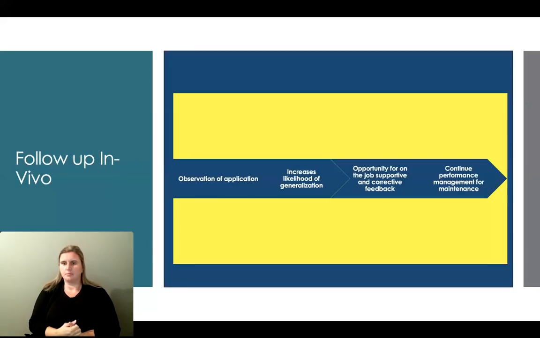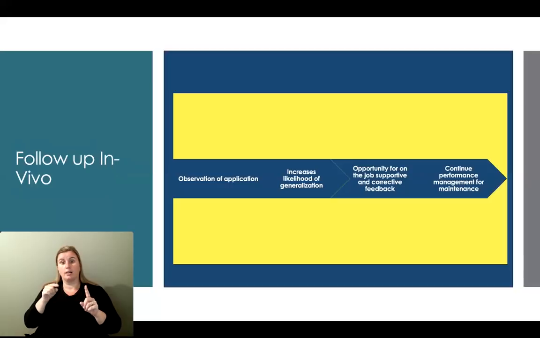Once the participant or the peer educator has reached training mastery, then they must perform it in vivo. They should be given the opportunity to perform the skill in the natural environment with the actual client or student. So as trainers, we need to make sure that we follow up in vivo.